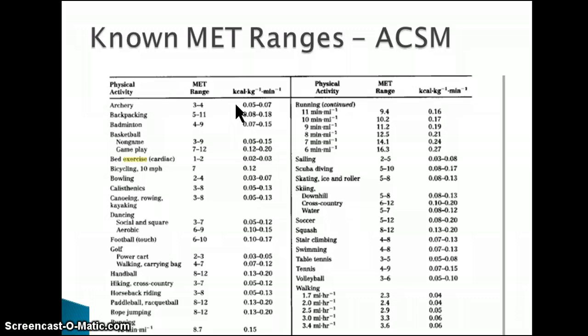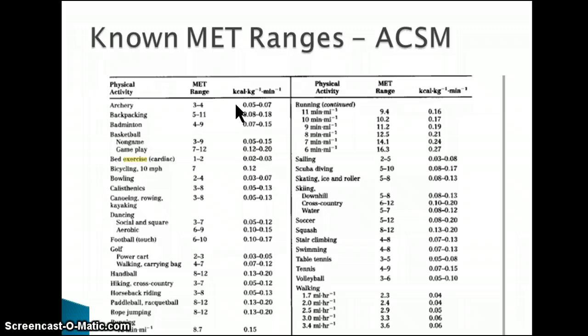So if you weigh, say, 50 kilograms, so that's a small person, that's about 110 pounds, and you're jumping rope, you're going to be burning a minimum of 8 times 55, right? You get the 8 from the METs, and the 55 is your body weight in kilograms, right? 8 times 55 calories per hour, or at the very high end, 12 times 55 calories an hour.